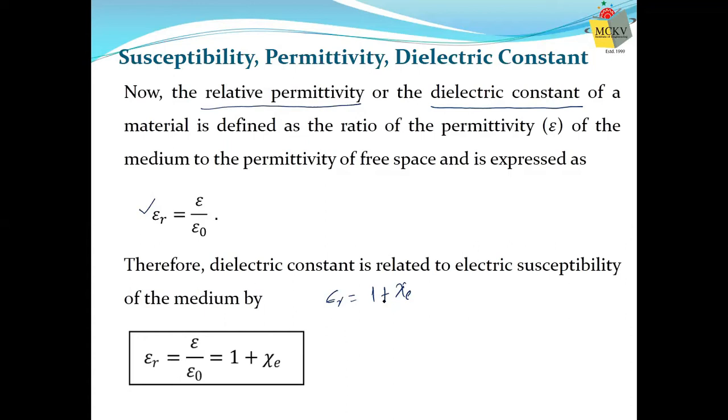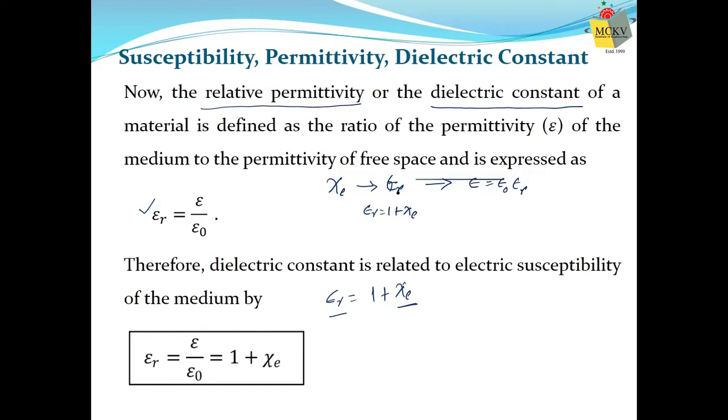If you know the value of the electrical susceptibility of water, that will be sufficient for you. Because if you know electrical susceptibility, then you know the relative permittivity or dielectric constant of the medium, because epsilon r equals 1 plus chi E. If you know the relative permittivity or dielectric constant of the material, then you actually know the permittivity of that material also, because epsilon equals epsilon naught into epsilon r.